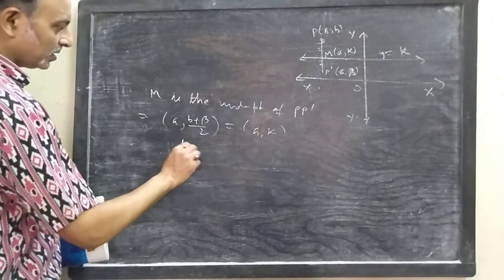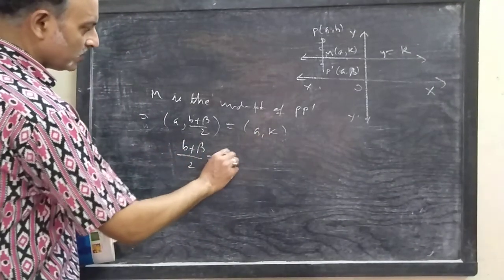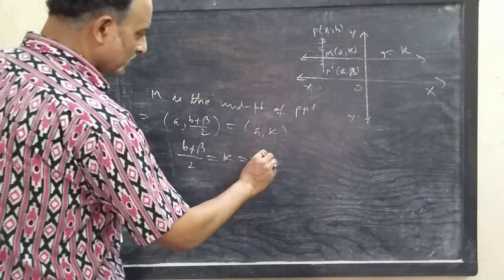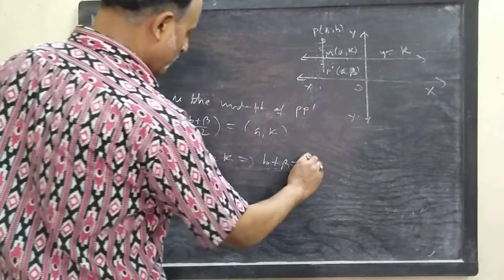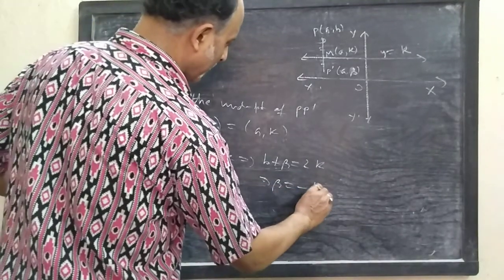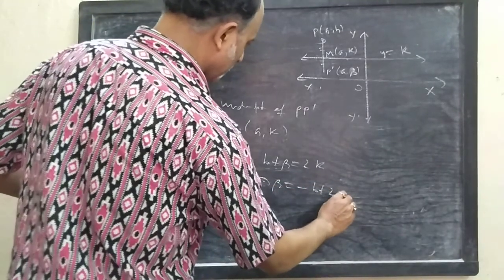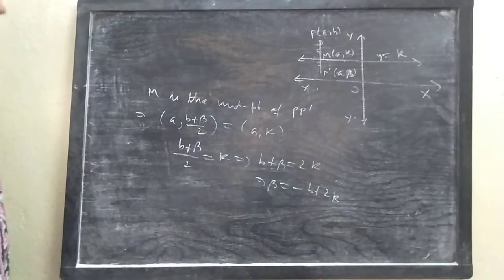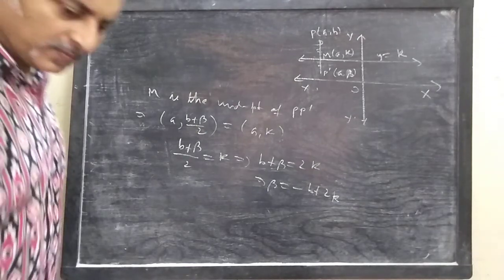Therefore, you get b plus beta by 2 equals to k. That implies b plus beta equals to 2k. That implies beta equals to minus b plus 2k. Look, beta becomes minus b plus 2k.